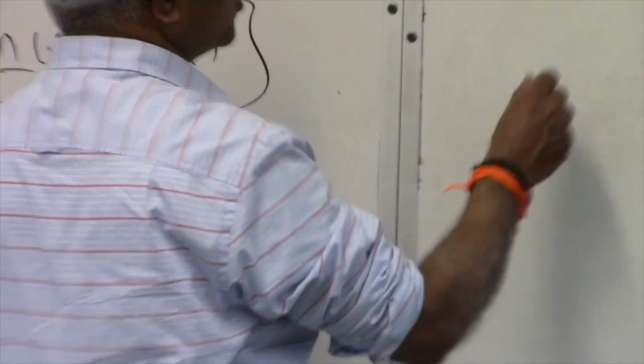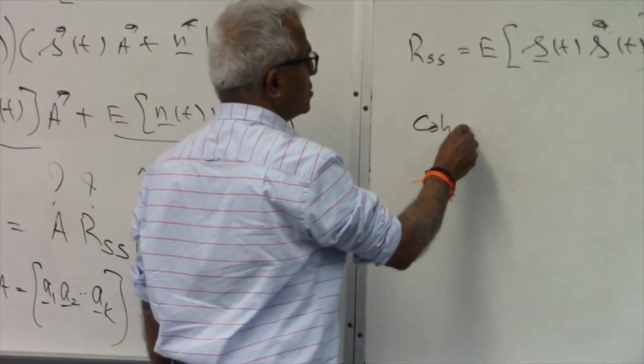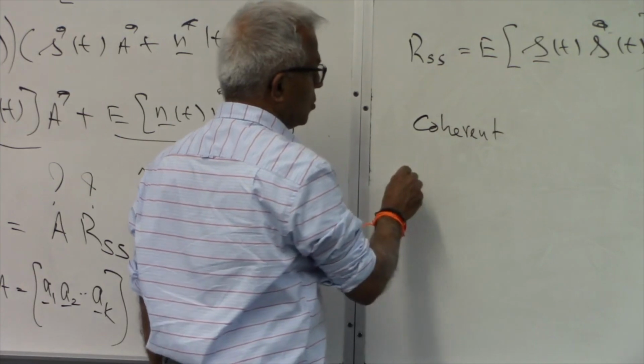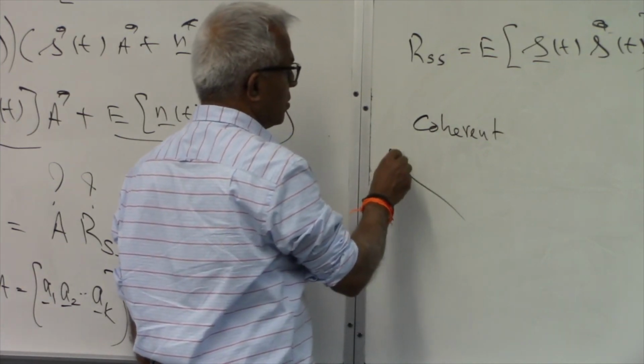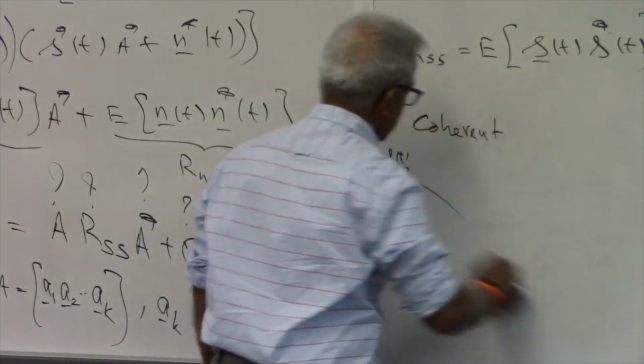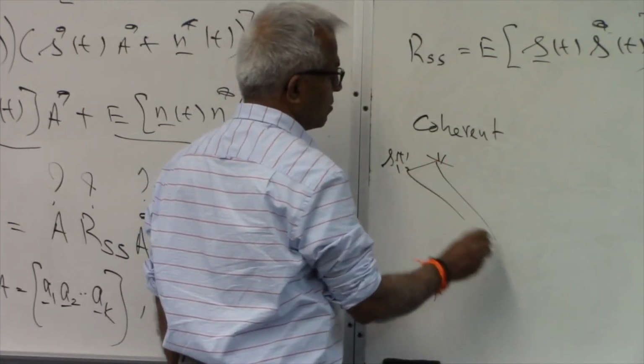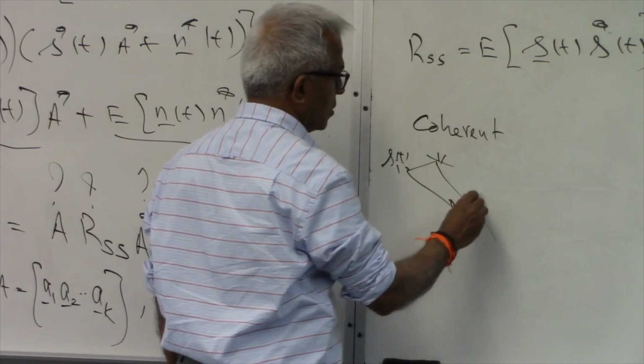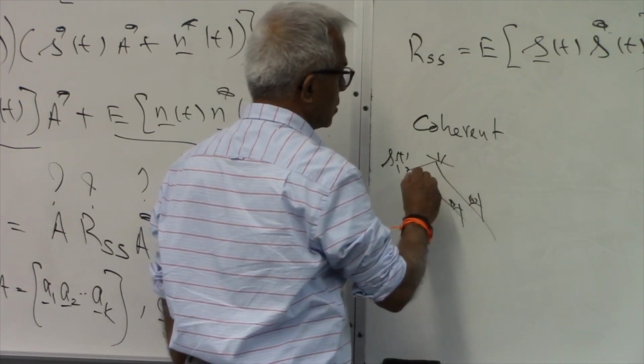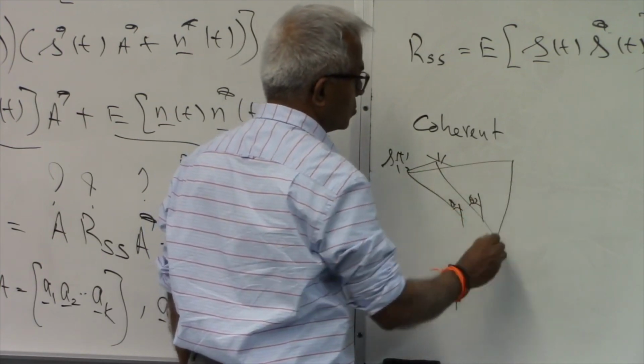The best way is, if it is coherent, the easiest example is multipath. You have a signal coming here, let's say S1, but then it also gets reflected from elsewhere. So you have different angles, and this also goes and comes back.